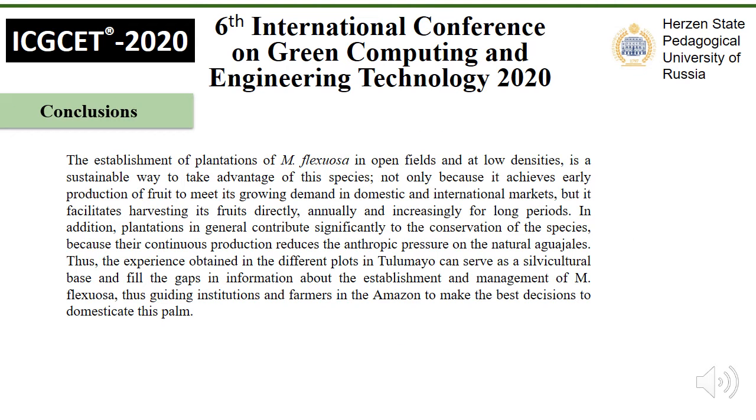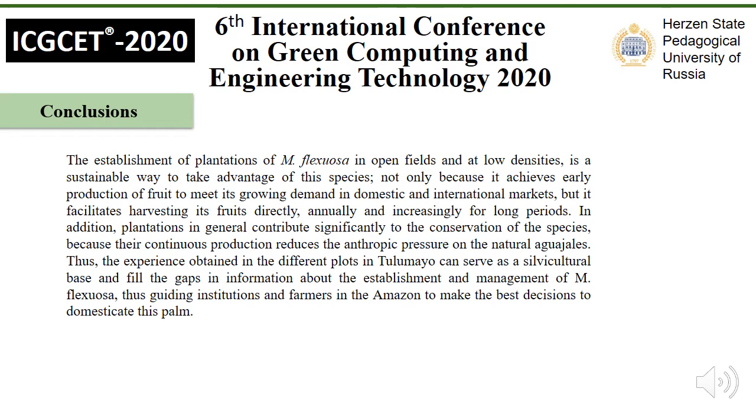Conclusion. The establishment of plantations of M. flexuosa in open fields and low densities is a sustainable way to take advantage of this species, not only because it activates early production of fruit in growing demand in domestic and international markets, but because it facilitates harvesting its fruit directly, annually, and increasingly for long periods.